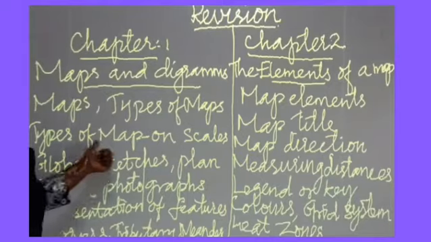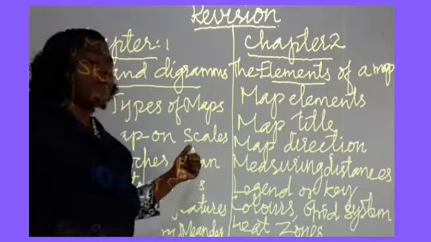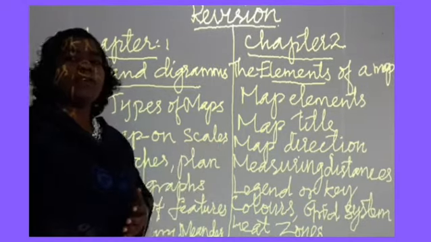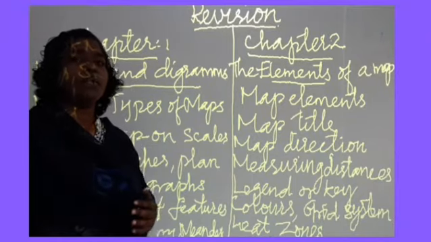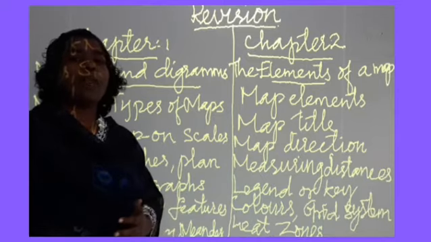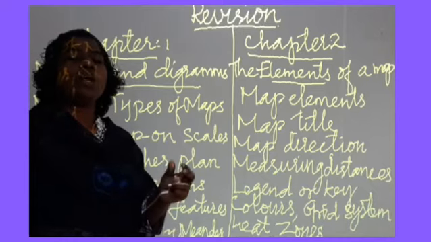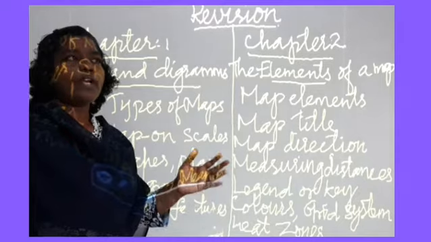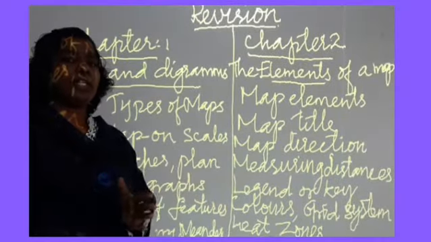And the next one is types of map based on scale. Based on the scale, the map can be classified into 2. One is large scale map, another one is small scale map. And what is a large scale map? A large scale map helps us to identify even a small area in a piece of land. For example, 1 centimeter is equal to 1 kilometer.